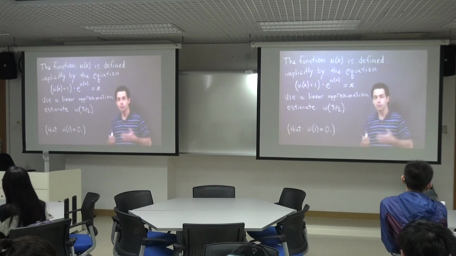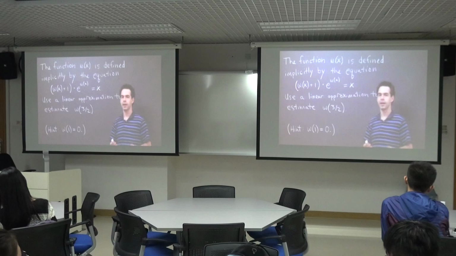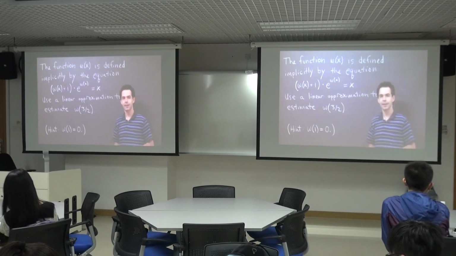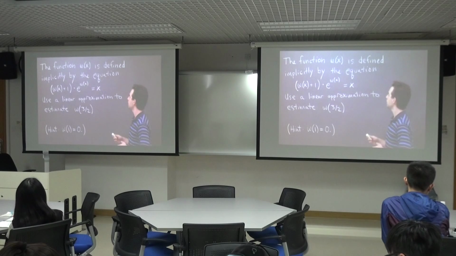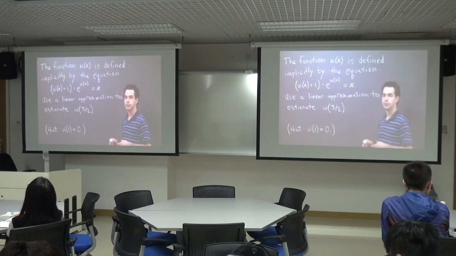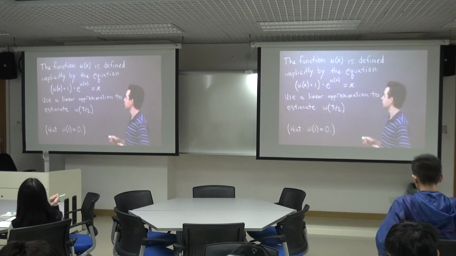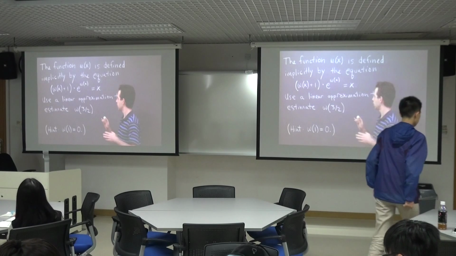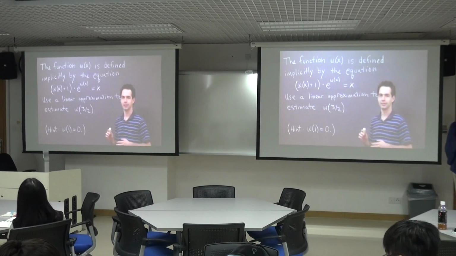In that situation, you might still care about what the function value is. So what can you do? Well, you can try to find a numerical approximation. In this problem, I'd like you to estimate the value w of 3/2 by using a linear approximation of the function w of x.